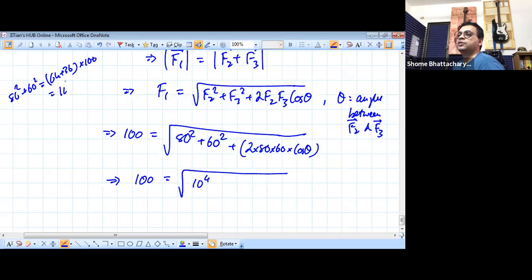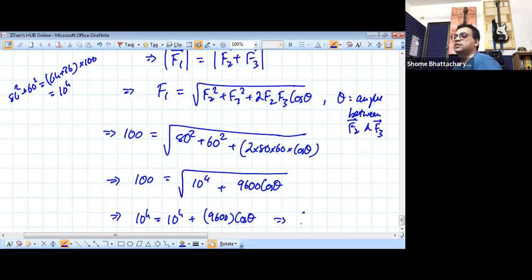So that's 10 raised power 4 plus 9600 cos theta. But more importantly, the moment you see this, you can square both sides and see that 10 raised power 4 is equal to 10 raised power 4 plus whatever this 9600, it doesn't matter, because this term will become 0. So that implies that cos theta is 0, which can only mean one thing, that theta is 90 degrees.